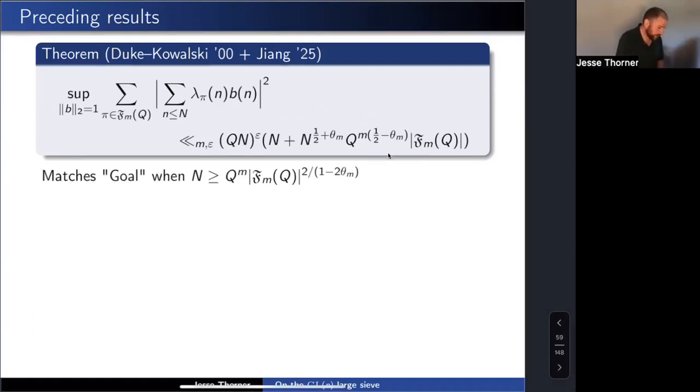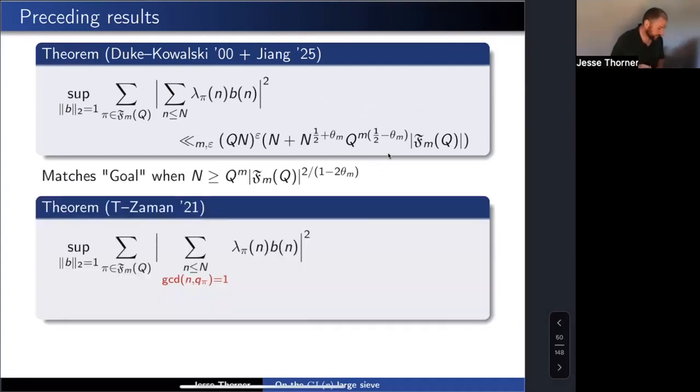Okay, so here's the work of Duke, Kowalski, and Jiang. My work with Asif Zaman also considers this problem. For technical reasons, we have to insert this GCD condition into our sum. We can only consider the little n that are coprime to q pi, the conductor of pi, as pi varies in the family.